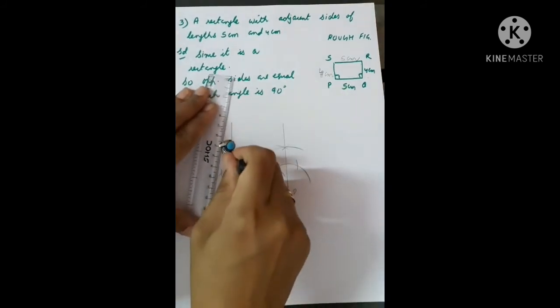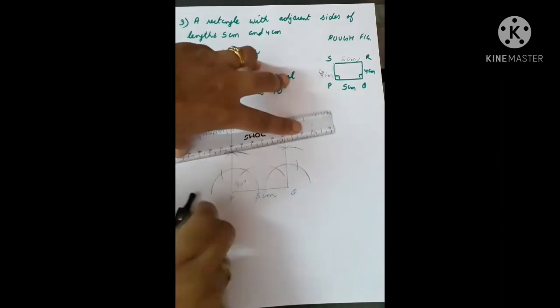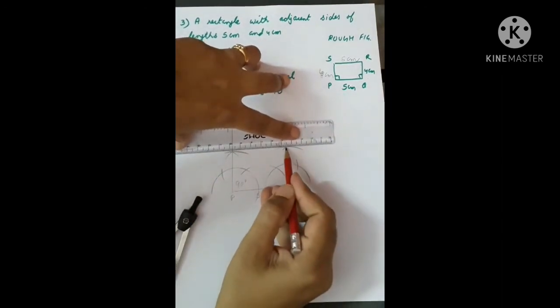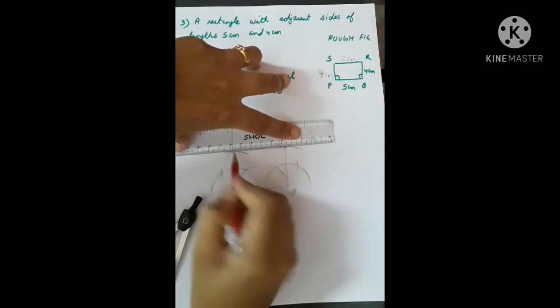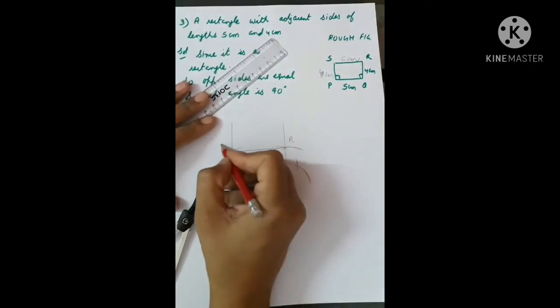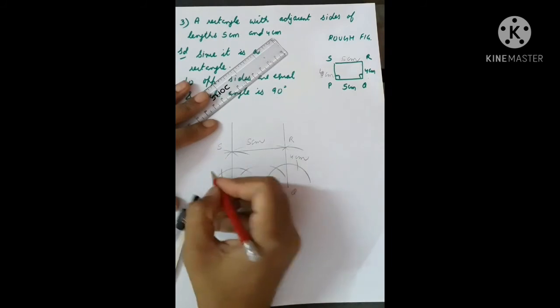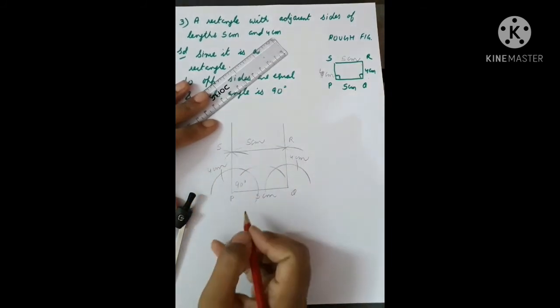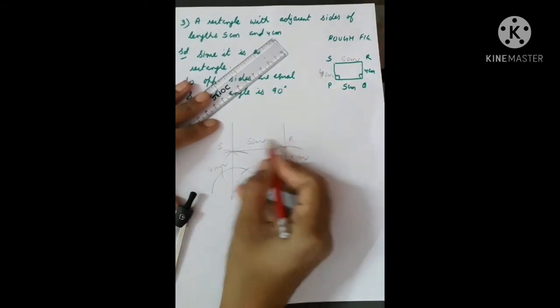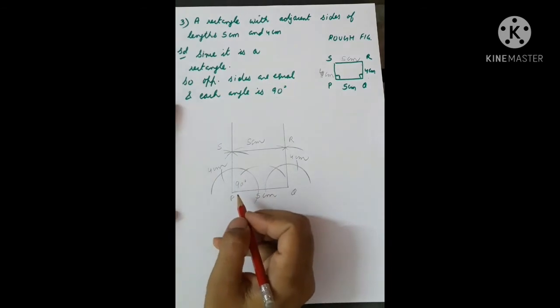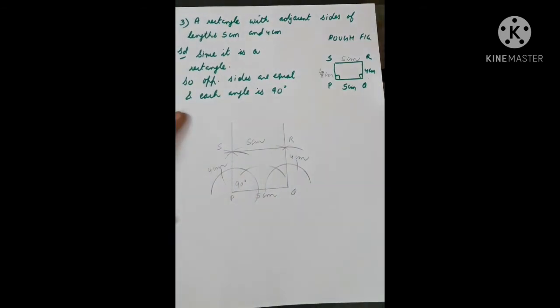Keep it at point P and swing another arc. Now I will join these two. This point is R and this point is S. So this is 5 centimeter and this is 4 centimeter. This is also 4 centimeter. This way your rectangle PQRS is the required rectangle.